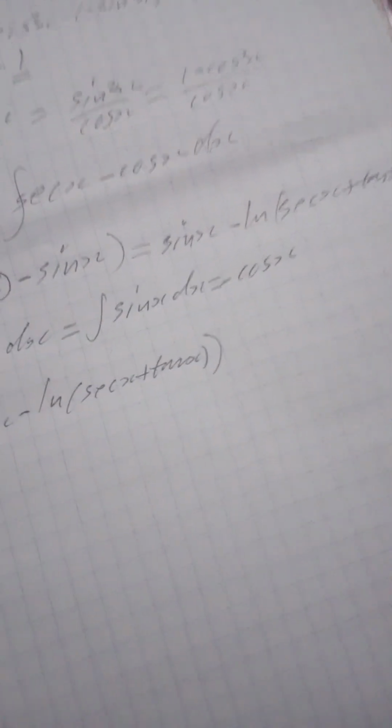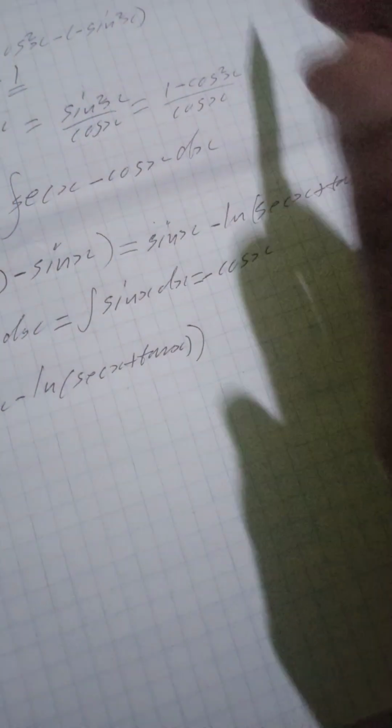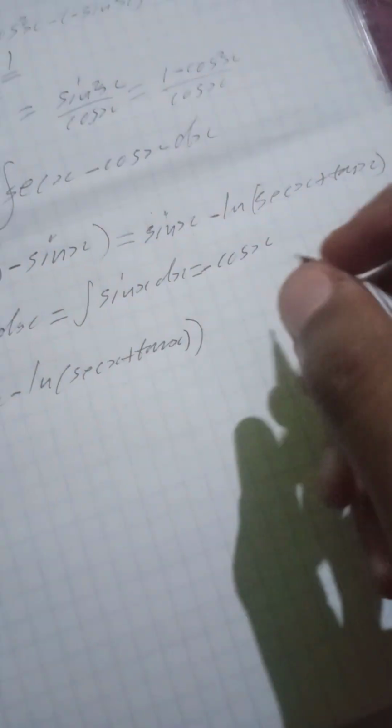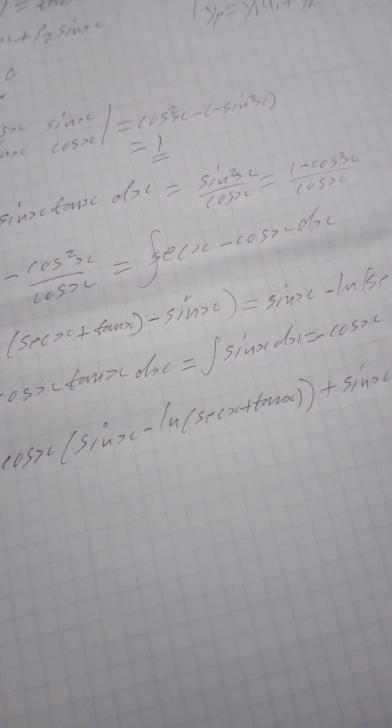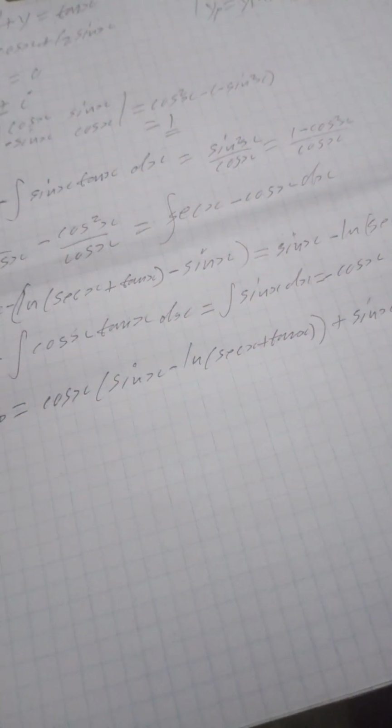And the second term is y2, sine x, times u2, which is negative cosine x. So we can factor cosine x out.